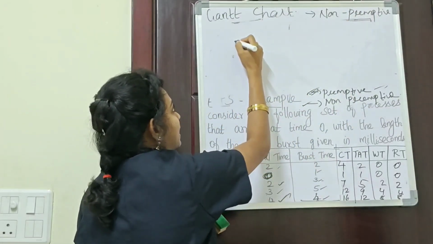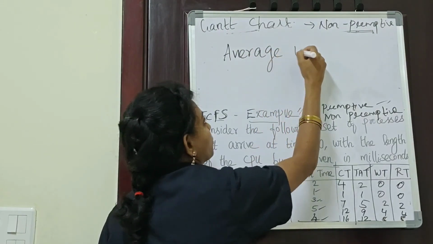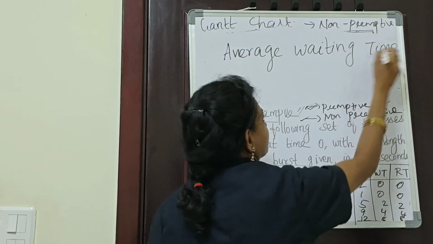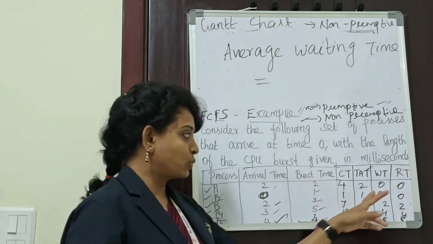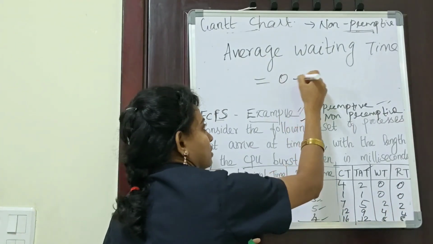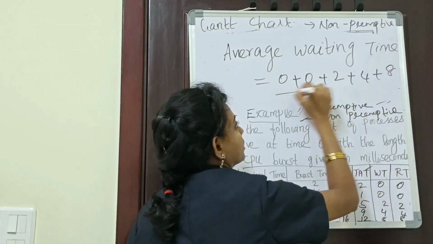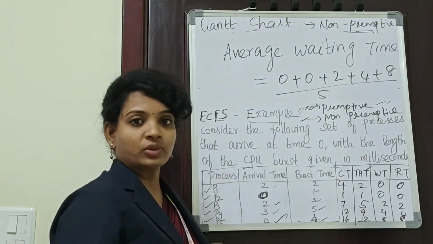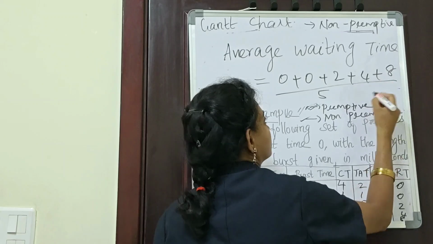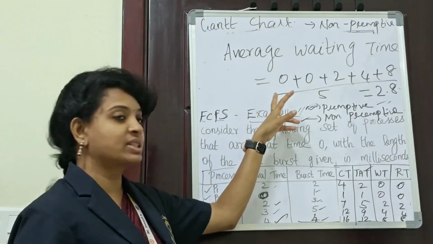First we calculate the average waiting time: 0 plus 0 plus 2 plus 4 plus 8, divided by 5. So you will get the answer 2.8. This is the average waiting time.